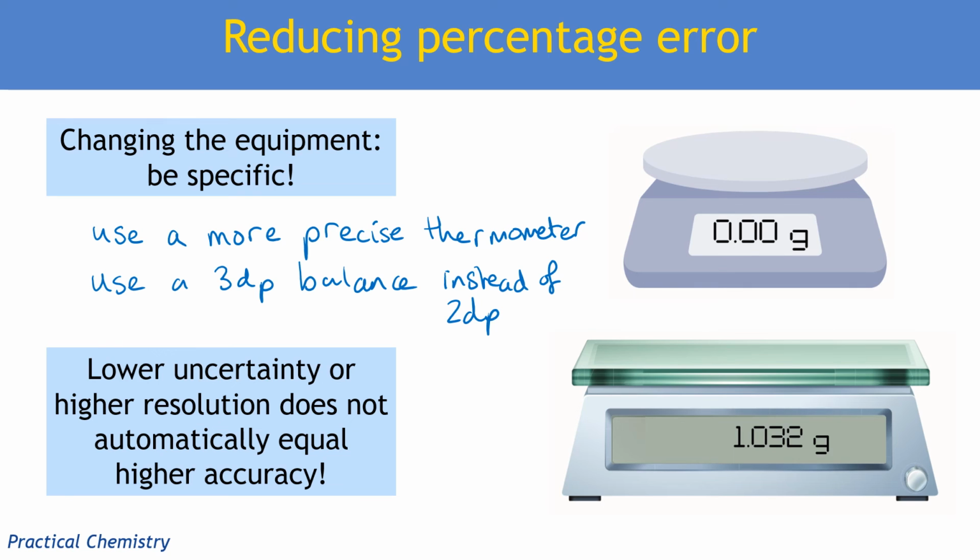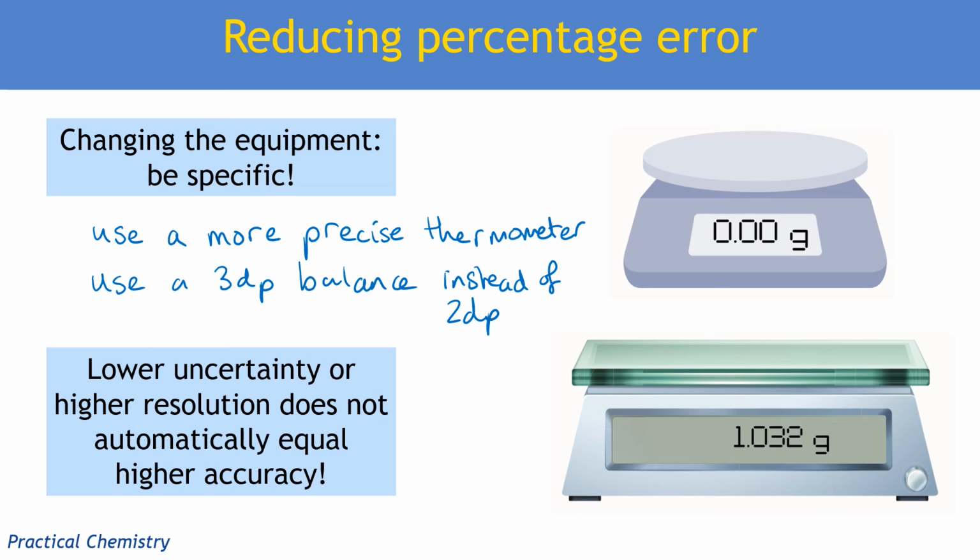There are some experiments that are just quite flawed. For example, anything where we're measuring enthalpy changes, there's always going to be a lot of heat loss, and that's going to be the major source of error. So if I'm heating up some water with a burning alcohol and I decide to use a pipette to measure the volume of water instead of a measuring cylinder, it's really not going to make a huge difference to the accuracy of my result, because my accuracy of result is mainly ruined by the fact that there's a load of heat loss.